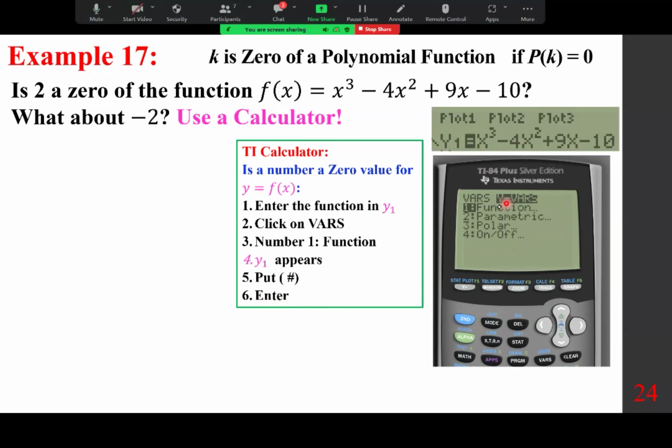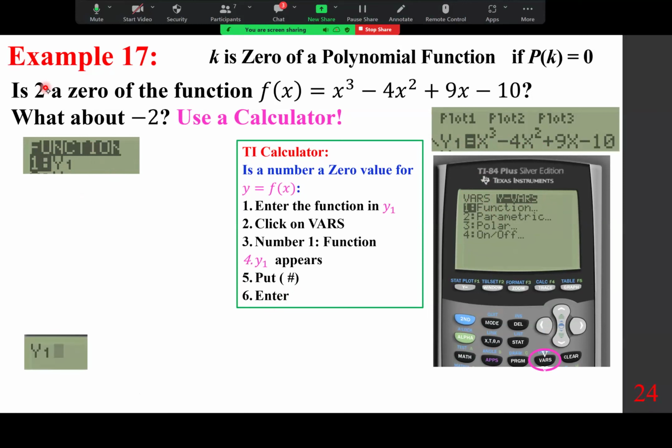Now we are going to click on vars. You move it to the right, functions, and then this appears. When this appears, you put a parenthesis next to it, and inside the parenthesis you put what you want, for example, 2: y1 of 2.